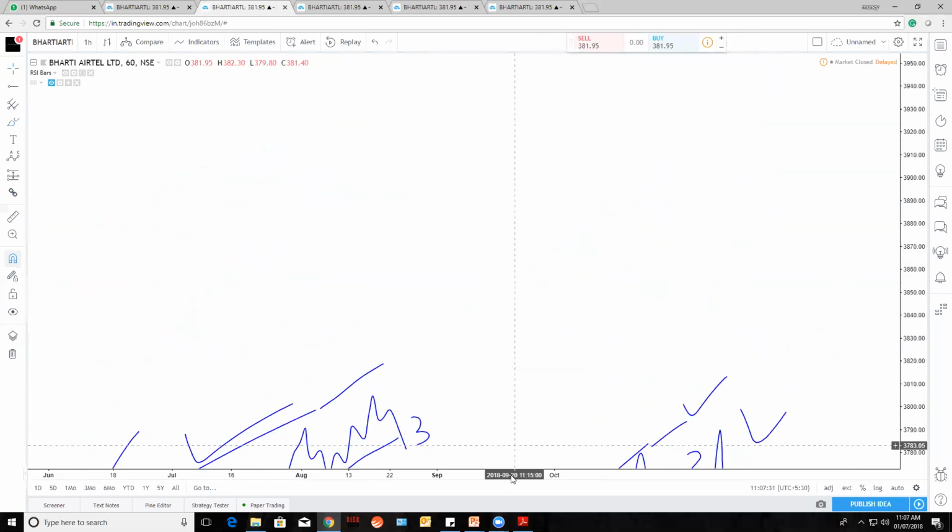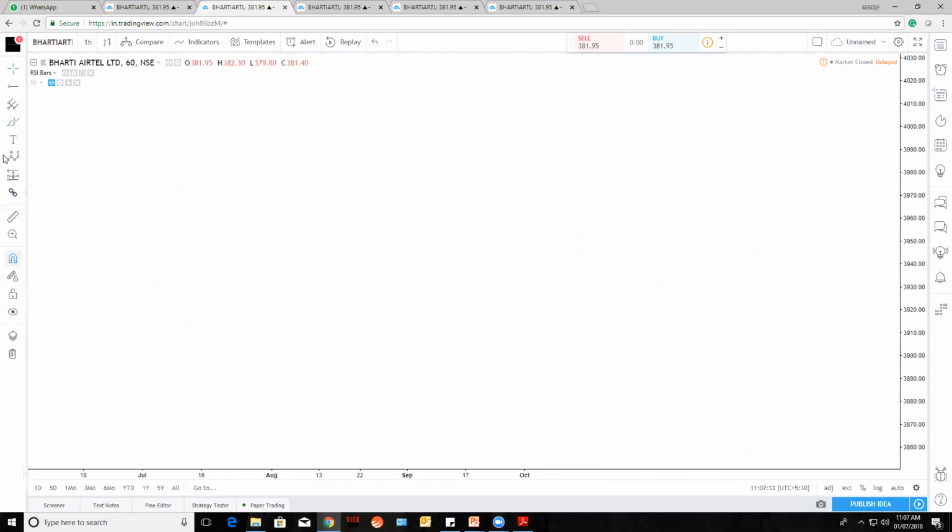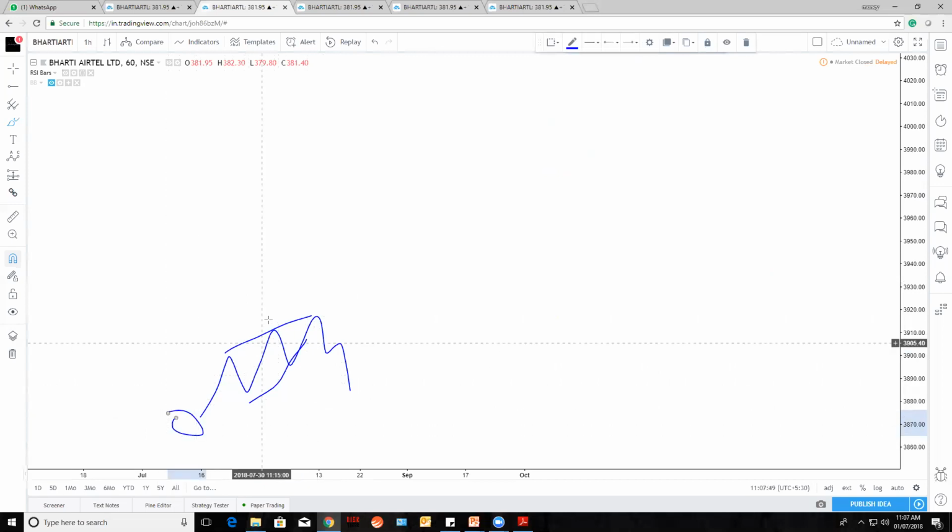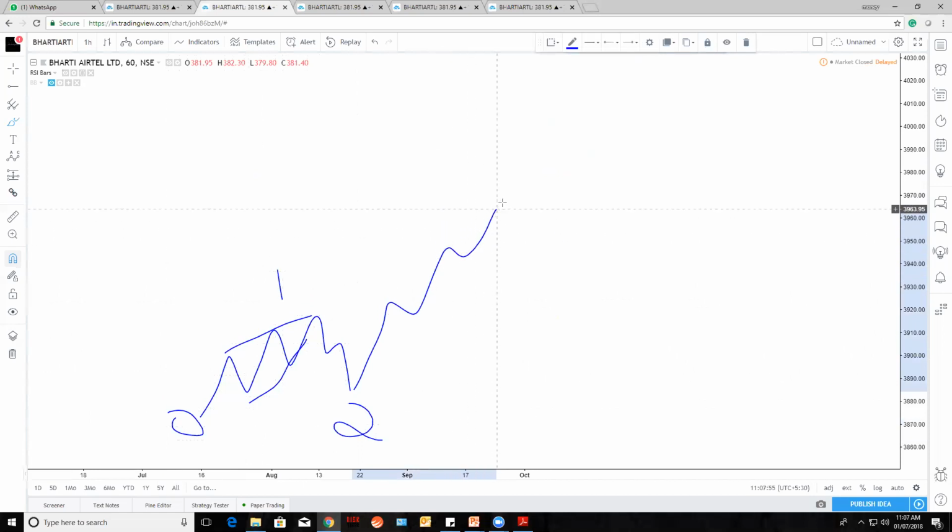Okay, now we will look. Let's say wave 1 is internally 1 2 3 4 and 5. After that a small correction. This can be okay because it's a leading diagonal internally. Let's say this is 0, this is 1, and this is wave 2. After that it moved for the third wave. After that there is a correction.